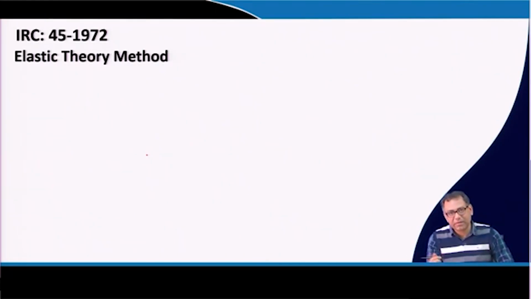That means if the depth of well below the scour level is less than 0.5 times the width of the foundation, then this method is not applicable.